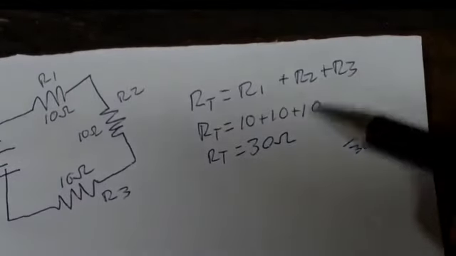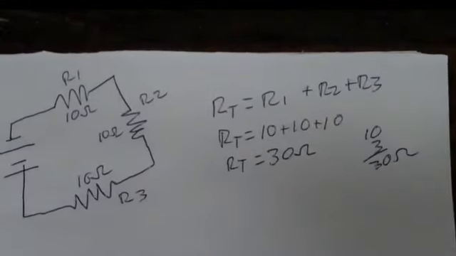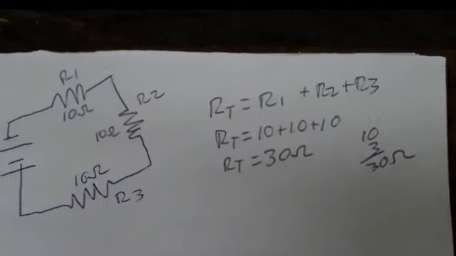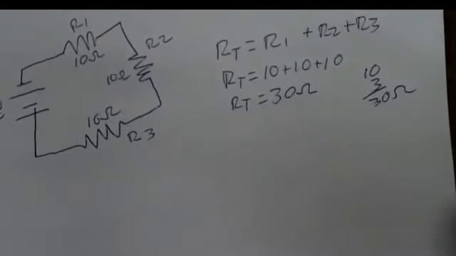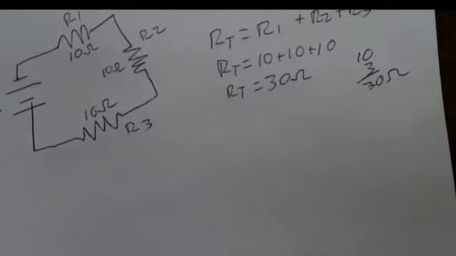Now this formula stays true in a series circuit. You can have 100 resistors in series, and it's still R1 plus R2 plus R3 and so on. This is only true in series circuits like this. Parallel circuits are completely different. We'll get into that later on.